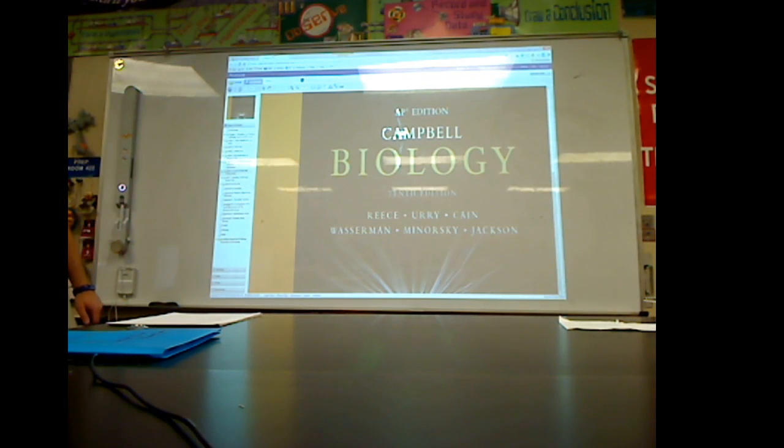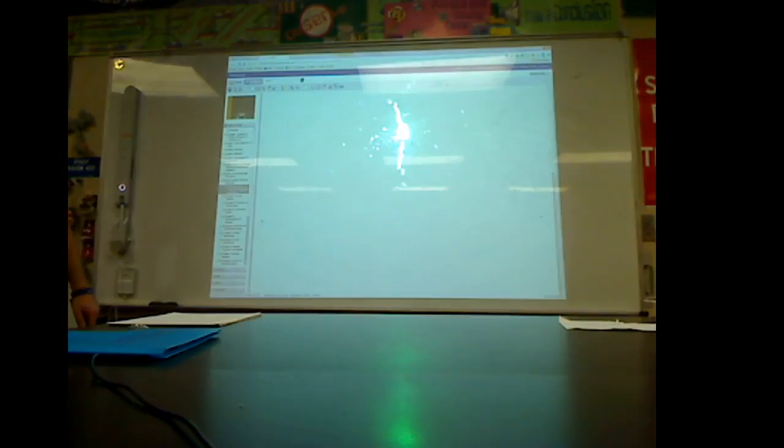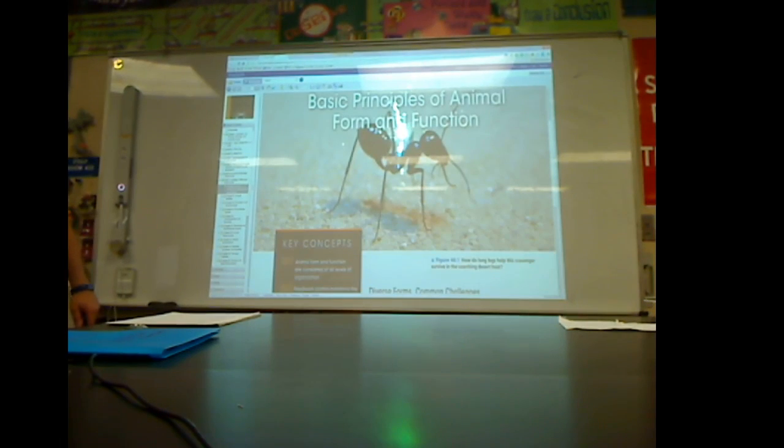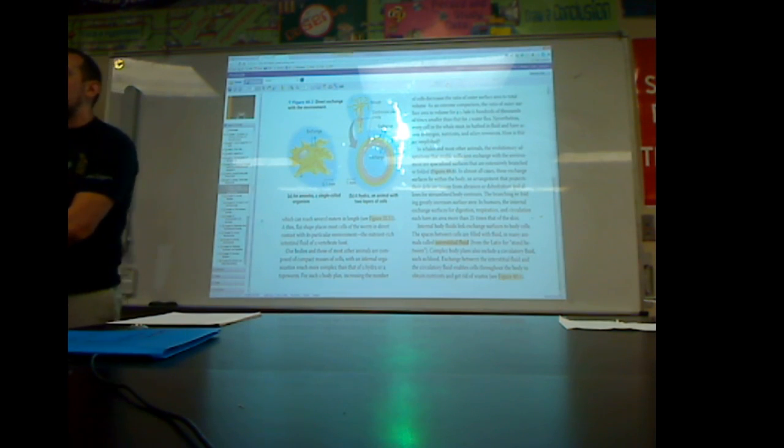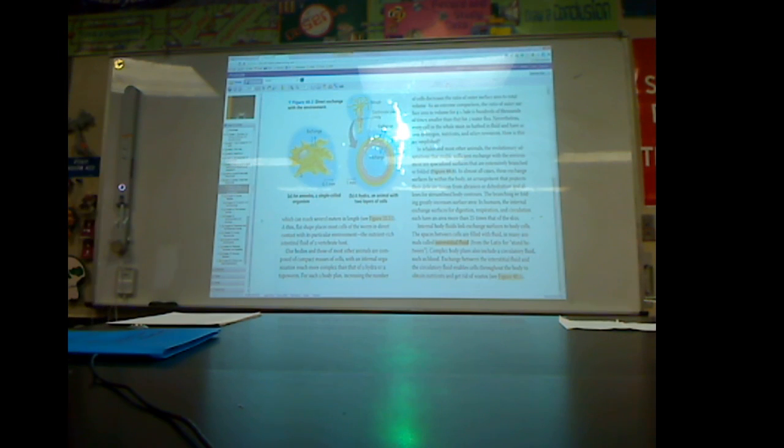All right? So chapter 40 talks about animal form and function. In the very first chapter, we'll get into the basic principles of animal form and function, and then we'll talk about the progression of some of these things. By the way, we're just doing a survey of pictures here, really quick.